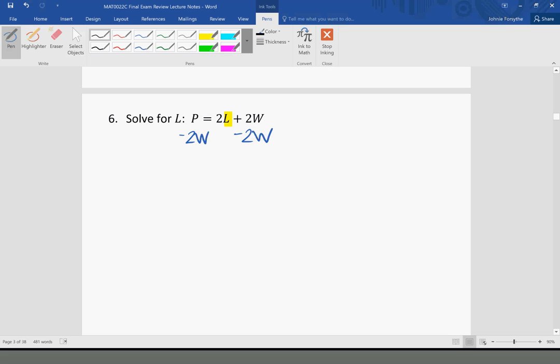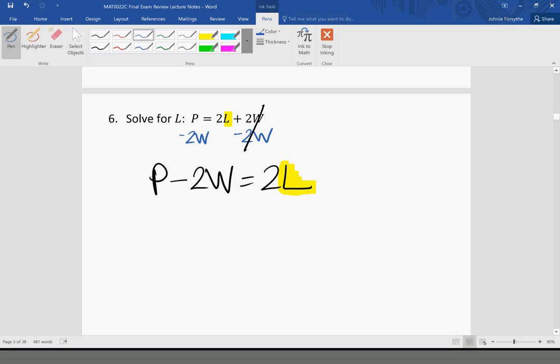So on the left, I've got P minus 2w equals 2L because the 2w canceled on the right. So again, I'm solving for L. So I've got the term that has L by itself, but I want to get L by itself.